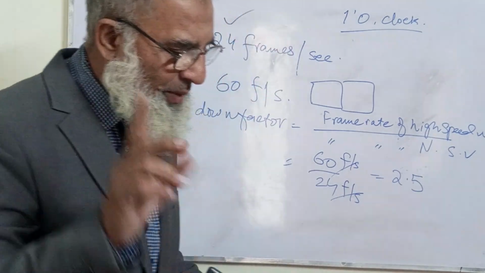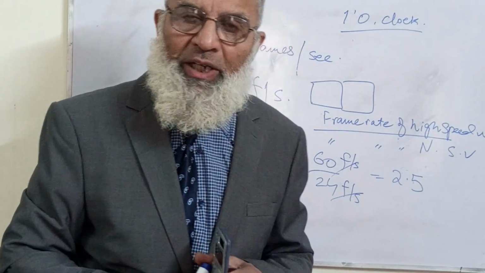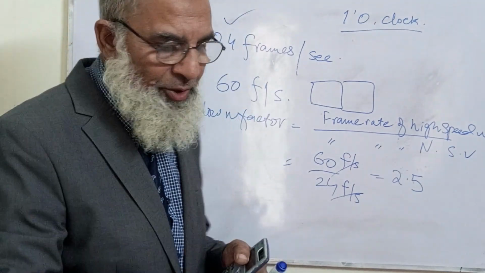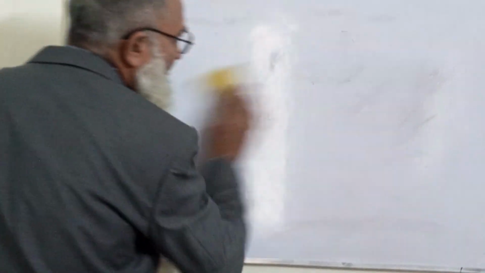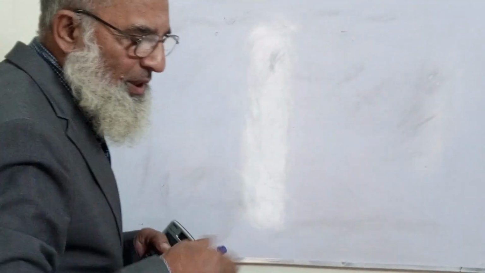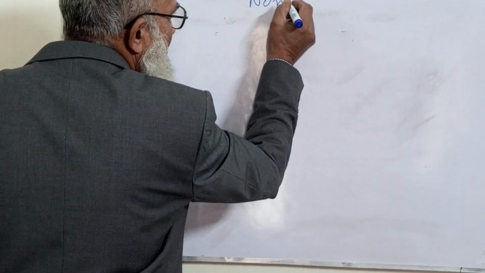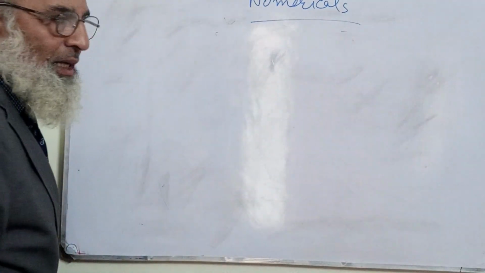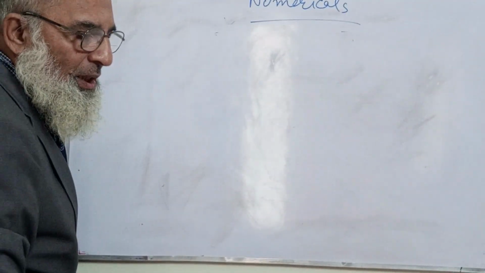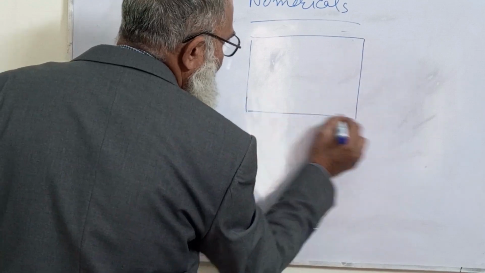Question number 1. Use this table to answer questions 1 and 2. Now there is a table given to you. These are the numericals, which we call numericals in physics. When the questions are given, these are called numericals. It is all about density now.